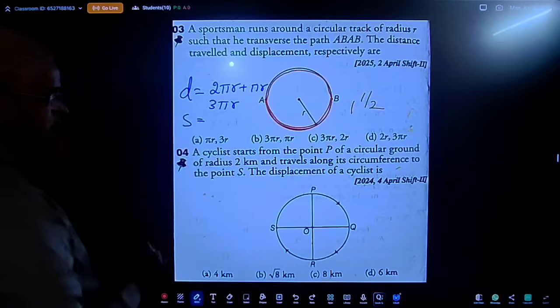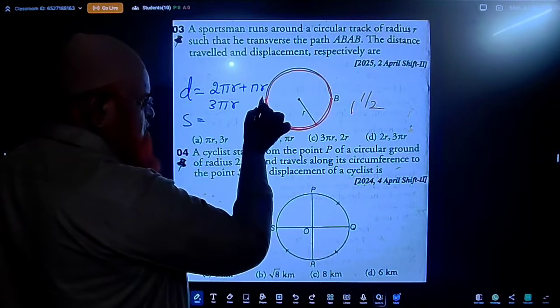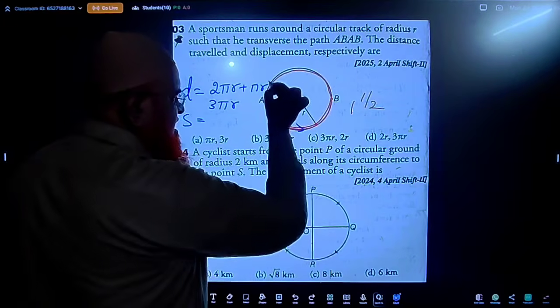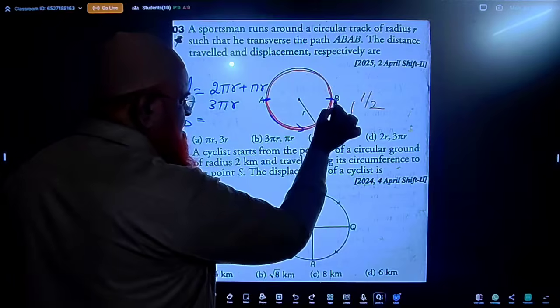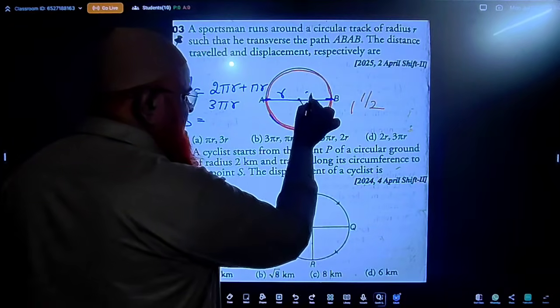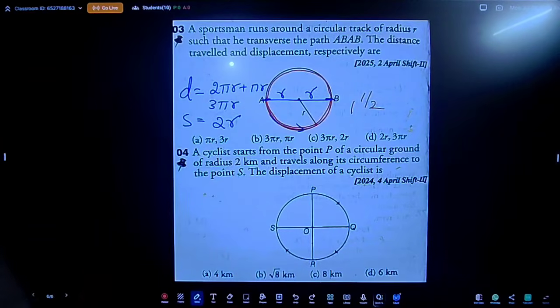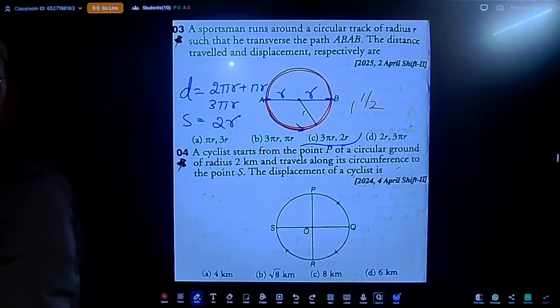For displacement, complete one circle, then again half circle. Initial point is this one, final point is that one, draw a straight line. This is r, this is r, so the answer is just 2r. So your correct option is this one.